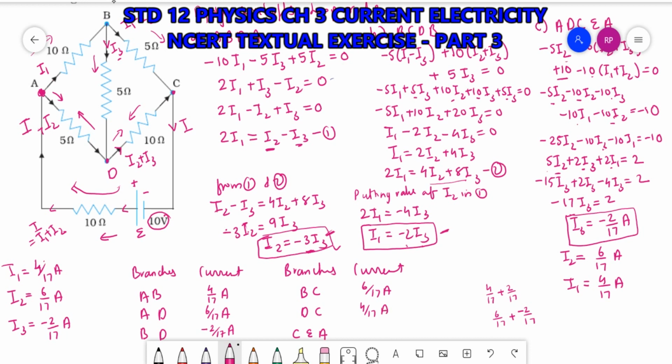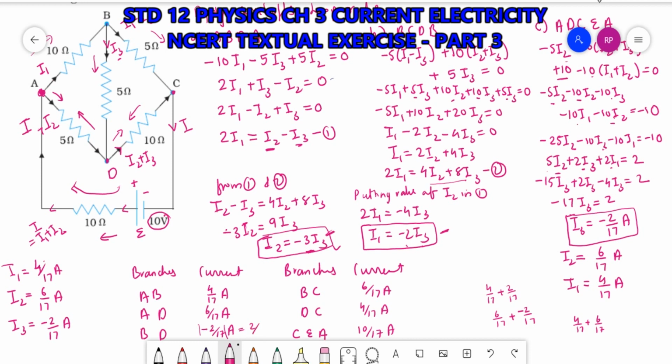And CEA, that is current I. And what is I? I equal to I1 plus I2. So that will be equal to 4 by 17 plus 6 by 17, that is equal to 10 by 17 ampere. Okay, so in branch AB 4 by 17, branch AD 6 by 17, branch BD, you can use modulus, so I can write it down 2 by 17 ampere.